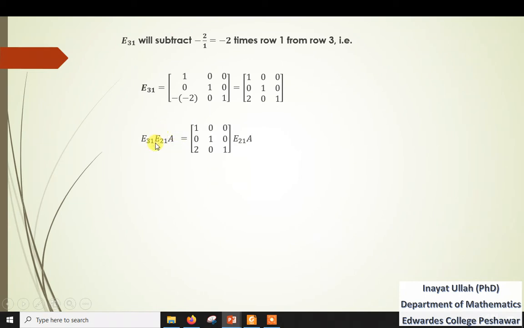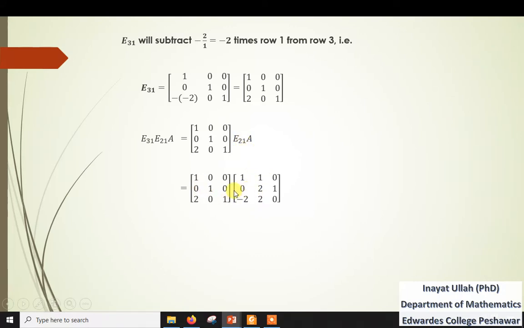matrix which we have obtained from this operation, that is E31 from here, and this is E21A. Now we will see what is the effect of this E31 on this matrix E21A, which was obtained in the previous slide.